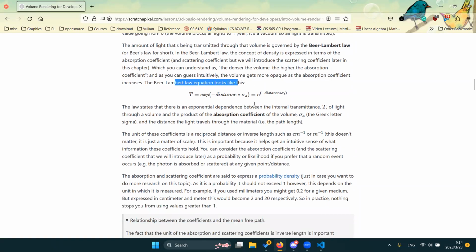It looks like this. So it's exponential decay based on the distance. And I guess this is the absorption coefficient.